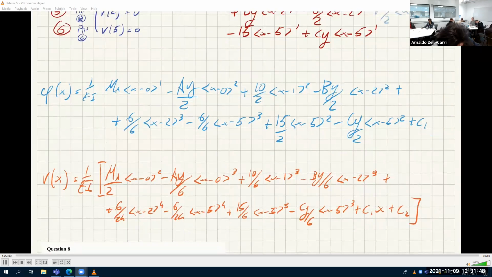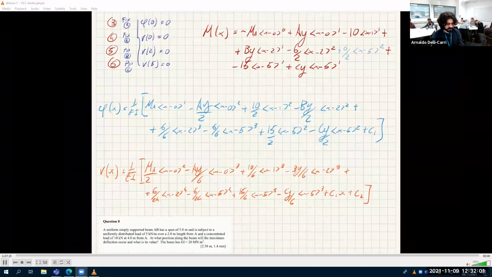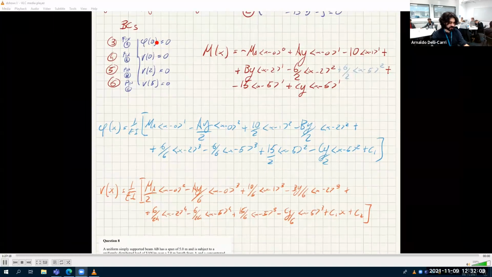Now, do you all agree with me? And now, look, this equation here tells you that C1 is 0. Do you agree?